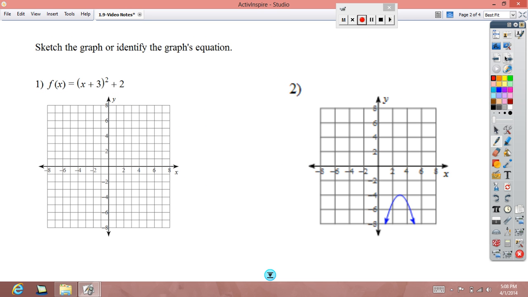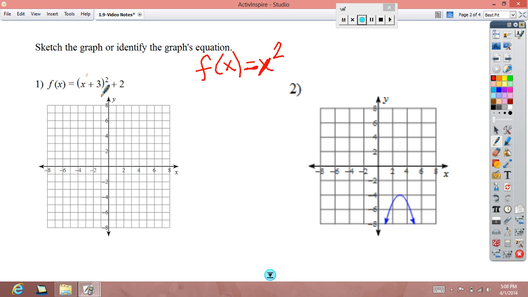Looking at these two, sketch the graph or identify the equation. Here we're given the equation, sketch the graph. Here we have the graph, so write out the equation. Both of these are based off the graph that we've been looking at, which is f of x equals x squared, and we know that shape's going to be a parabola.